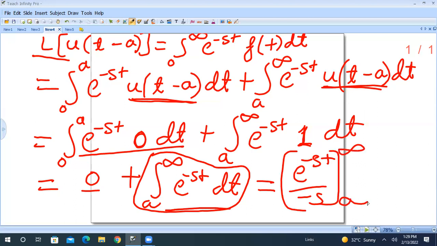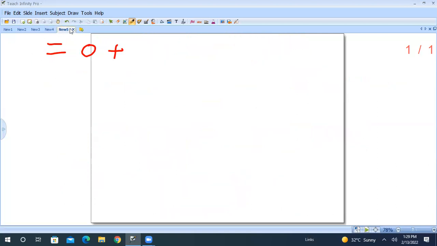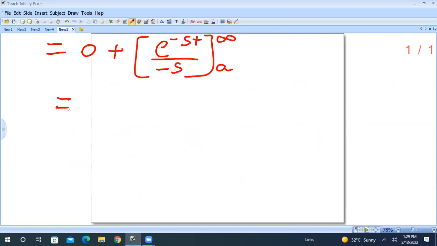So 0 plus we have integrated e to the power of minus st divided by minus s, infinity to a. This will be the remaining part.